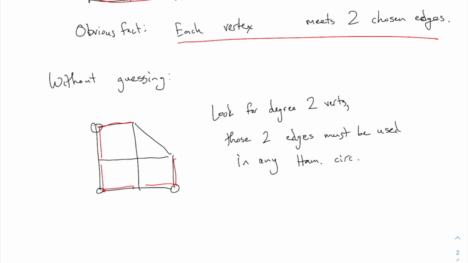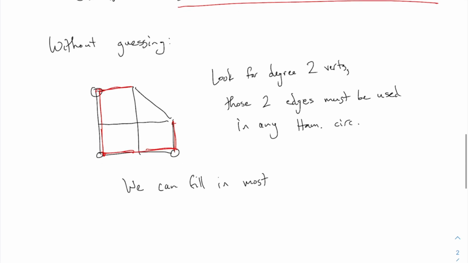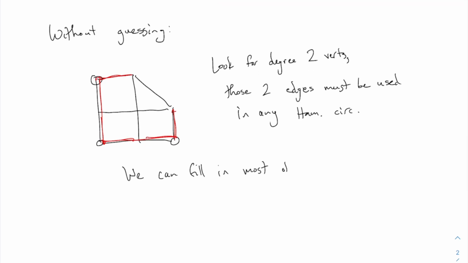It has to involve those edges right here. So we can fill in most of it without guessing. In this example, sometimes there are no degree 2s, then you got a harder thing to work with. But we can fill in most of it with no guessing. Immediately.